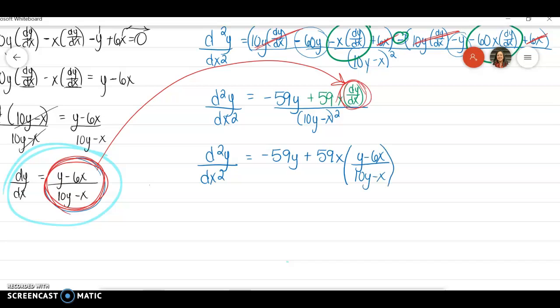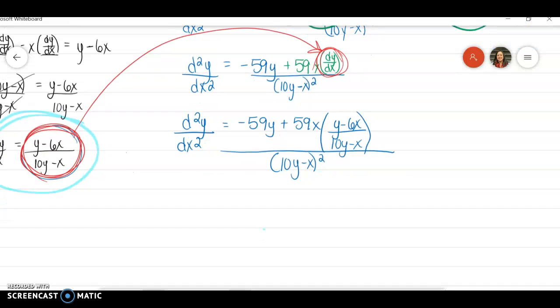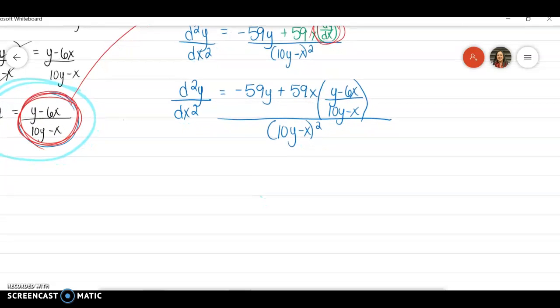And guys, I know this is going to look a mess, but all of that is still over my 10y minus x whole squared. Now, because I want to be lazy and I don't want to make too much of a mess, I have a little trick for combining fractions, which is technically what I have. But before I combine this negative 50y and this fraction on the right, I'm going to distribute that 59x into that parentheses there.